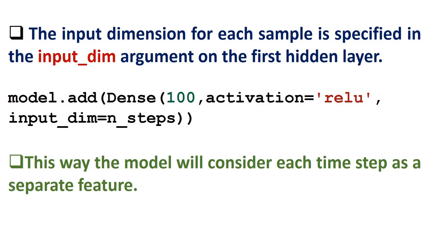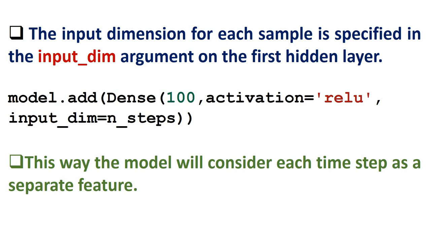So the input dimension for each sample is specified in the input dim argument on the first hidden layer. This is how you write that: model.add Dense layer with 100 neurons, comma, activation is a ReLU function. Like you must have already studied, the activation functions could be ReLU or sigmoid. In this case it's ReLU.